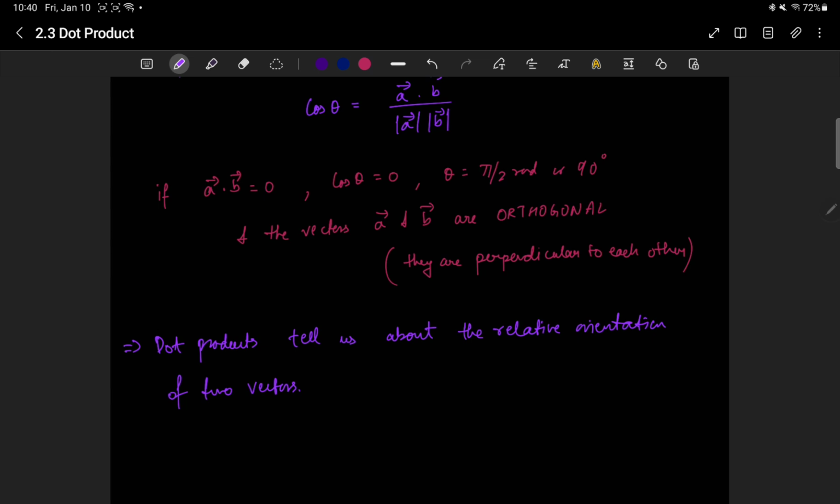And we're going to utilize that in order to define something called direction angles and direction cosines, which will be useful later when we learn more about equations of lines and planes in 3 dimensions. So this video ends here. We'll continue the discussion on using dot products to understand relative orientation in the next video.